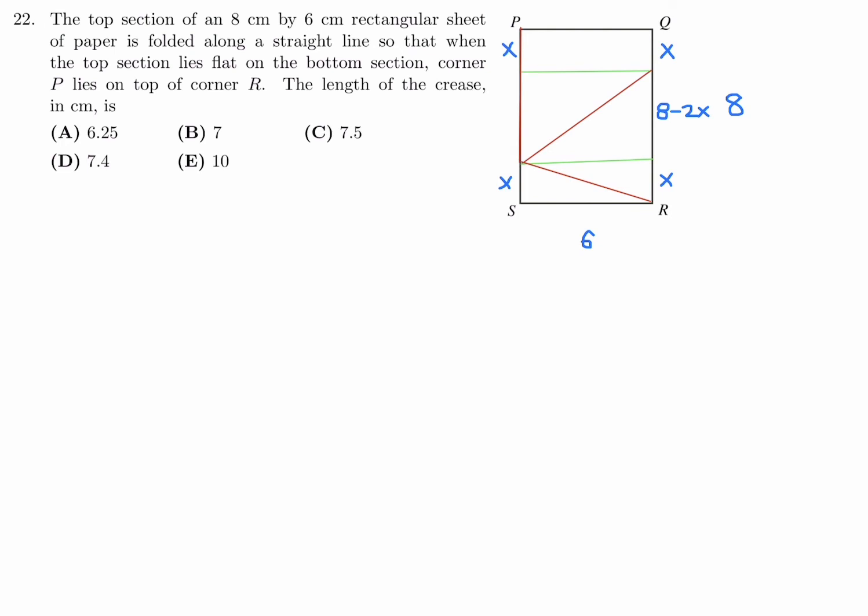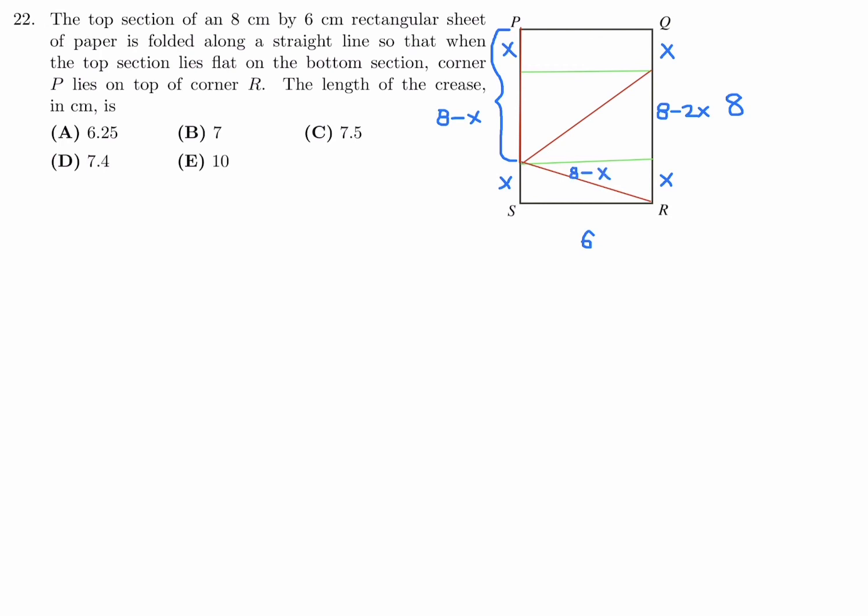It's identical. So what that means is that those lengths are the same. So since from here to here is 8 minus x, this is also 8 minus x. So I'll just put that in there, 8 minus x.